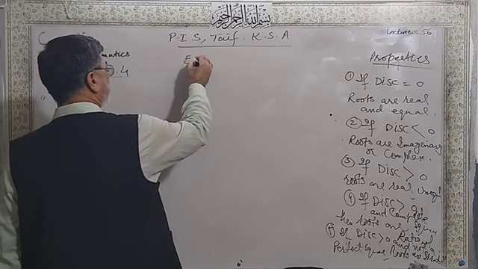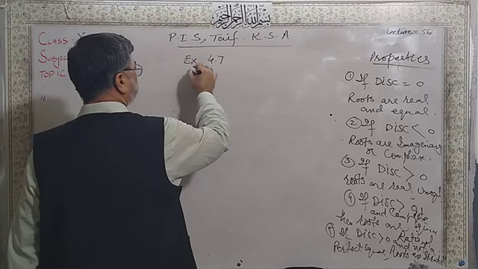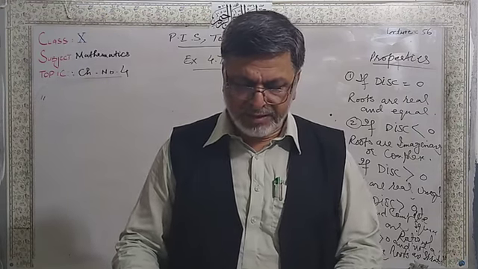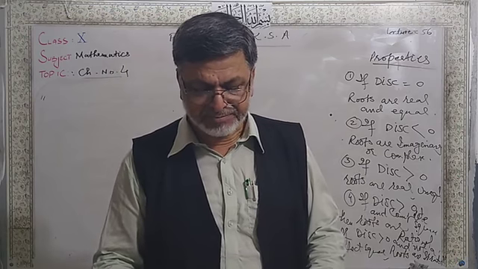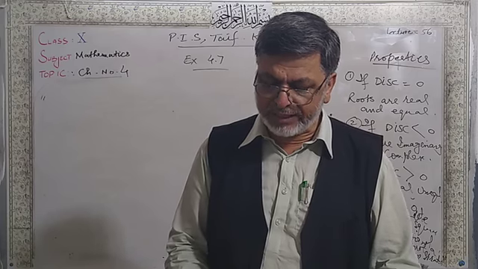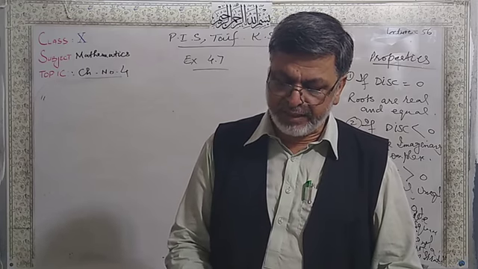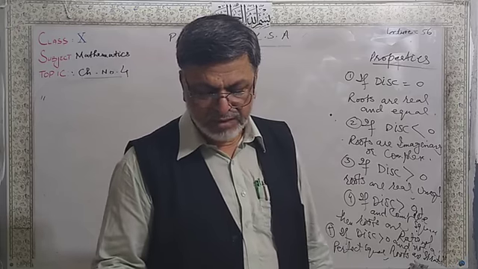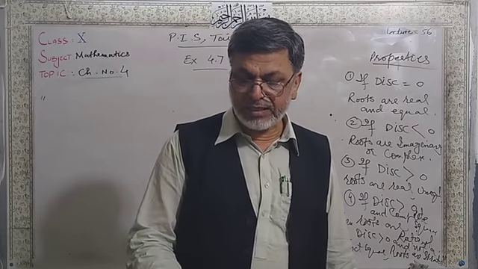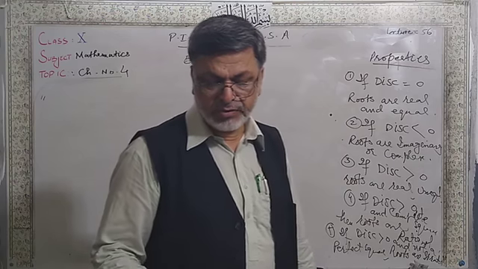Exercise 4.7. We are given question number 3. Show that the roots of the following equation will be rational. We are given 2 parts and we can choose one part from these 2.